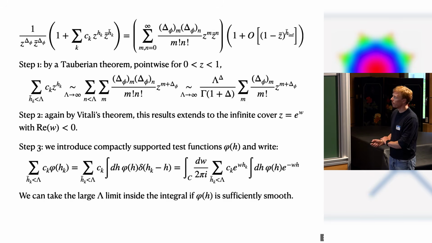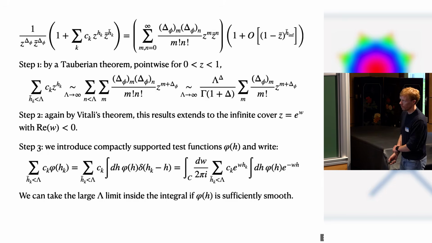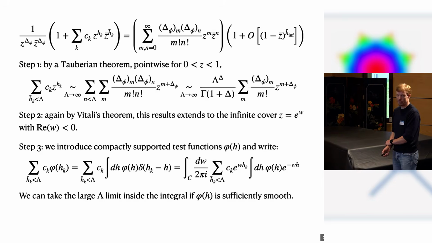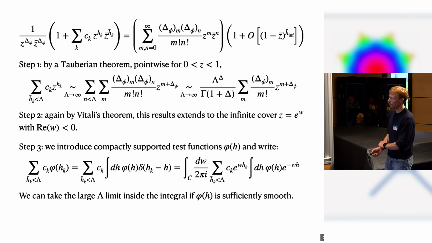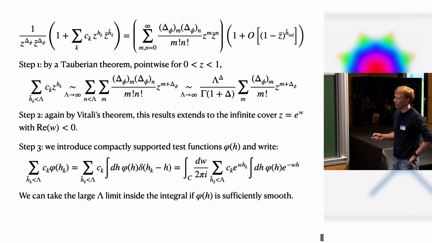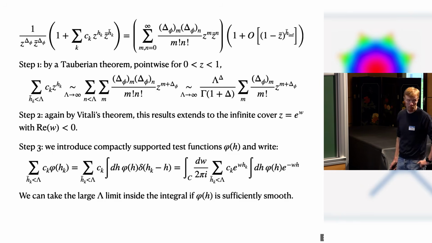Thanks. And then, right, now I claim that the large lambda limit, I can take it inside the integral under the condition that this thing falls off at large imaginary w. And this thing falling off at large imaginary w, well, that's just a Fourier transform. So it's just demanding that this test function is sufficiently smooth, and that suffices for this Fourier transform to fall off.